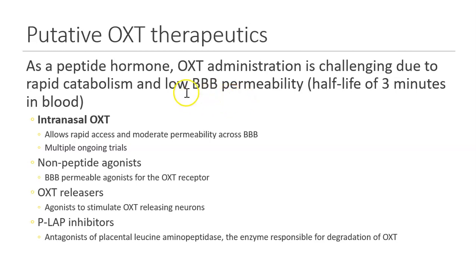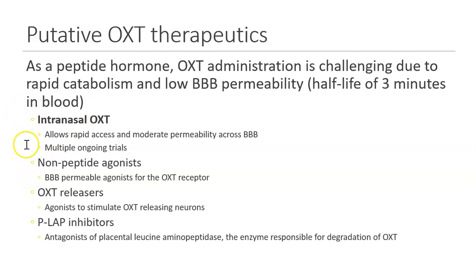It can be hard to get the oxytocin into the brain itself. And it actually has a half time of about 3 minutes when it's injected in the blood. So, that doesn't give it a lot of time to cross that blood-brain barrier and actually act to do what we want it to. However, there have been a few different therapeutics that have been developed over the years to kind of address these issues of it being broken down so quick, as well as its permeability.